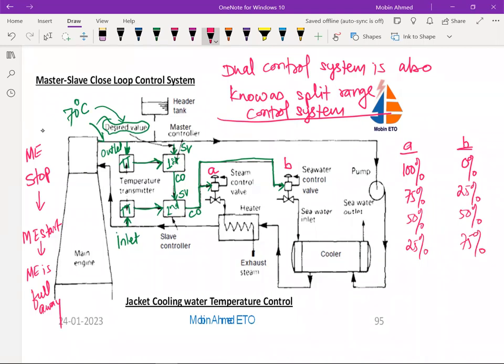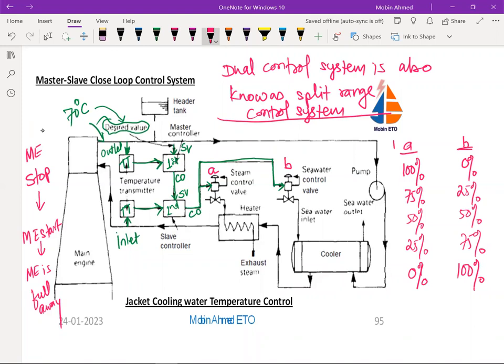And when the main engine is full away, that time this is going to be totally closed and this is going to be open fully, because we need to cool down now. The temperature of the jacket is going to increase and we require cooling. So there will be no heating, only the cooling will be there.